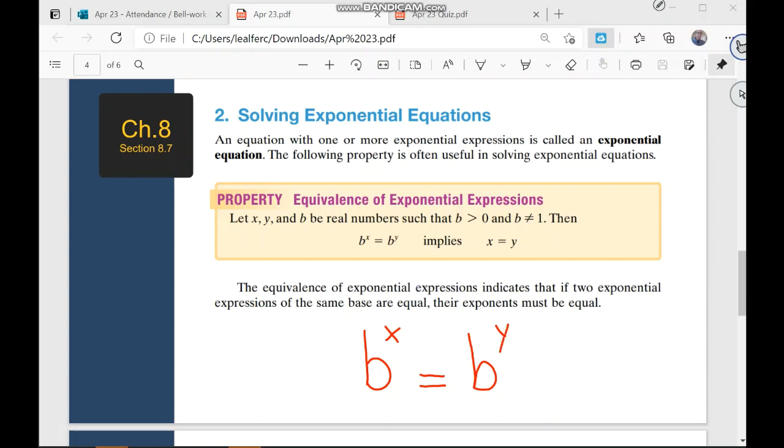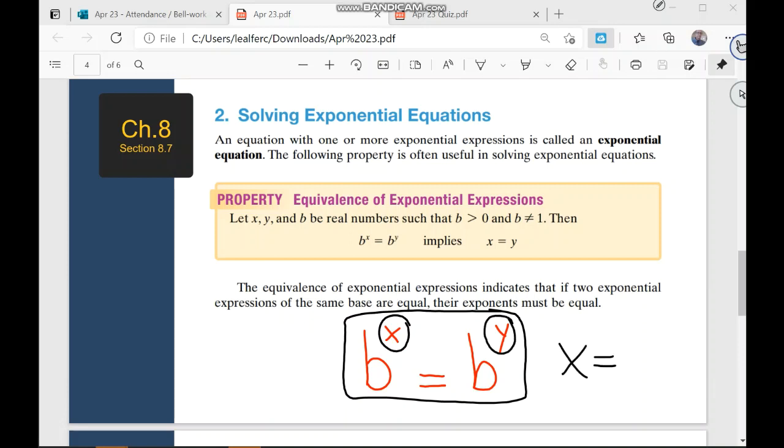The same base b, exponent x, equals the same base b, exponent y, okay? By looking at this, you can say that x needs to equal y to make this equation true. So x needs to equal y, as long as you have the same base, okay? And the base can be a number, like 2, 3, 5, as long as they are the same, you can say that for this to be equal, we need x to equal y. Make sense?